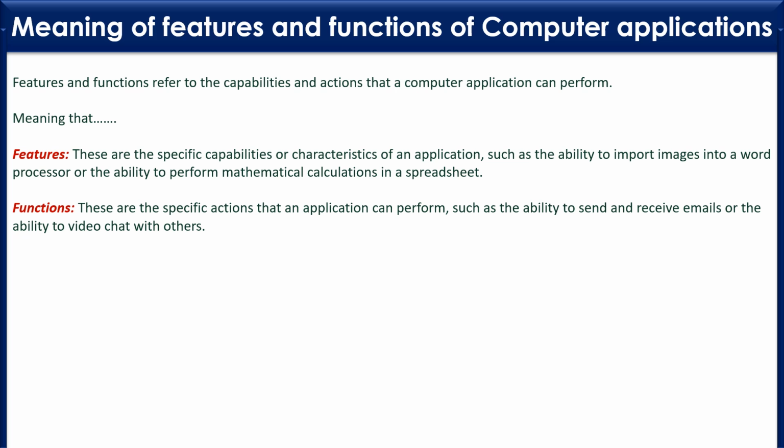Features and functions refer to the capabilities and actions that a computer application can perform, meaning that these features are the specific capabilities or characteristics of an application, such as the ability to import images into a word processor or the ability to perform mathematical calculations in a spreadsheet.